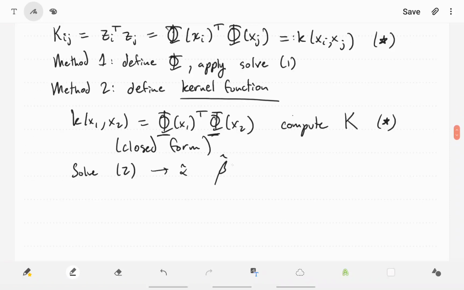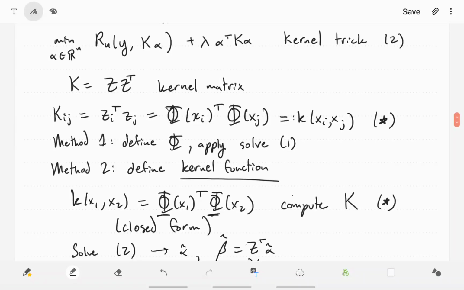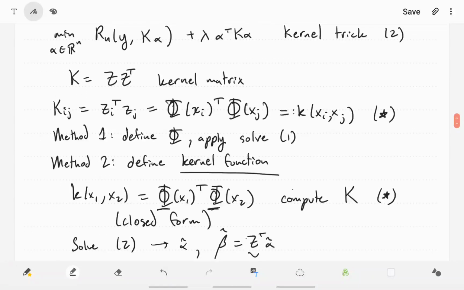And beta hat is connected to alpha based on Z. Now, you don't always have the luxury of doing this because you don't always have access to Z. Like I said before, you can just construct this kernel function in closed form. Analytically, you can think about how can I evaluate this kernel and then compute this K matrix. Once I have this K matrix, I can solve problem 2. I don't need Z to do that. But if you did need to convert to the beta, you would need to construct Z and apply Z transpose to alpha.